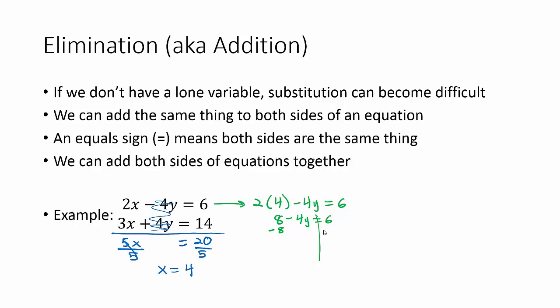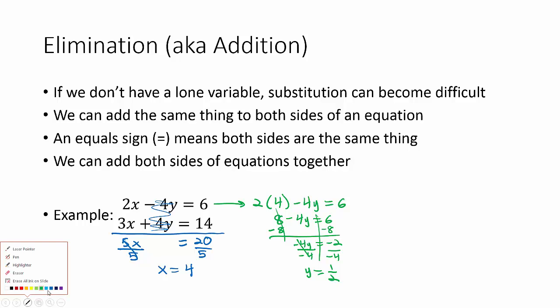Subtract 8 from both sides of the equation. Negative 4y equals negative 2. Divide both sides by negative 4, and y is equal to this nice little fraction, 1/2. So we're able to find the solution to this system, x comma y, is 4 comma 1/2.